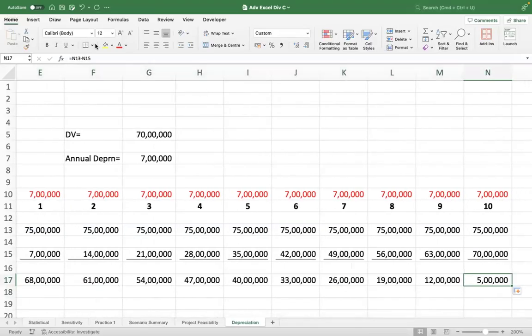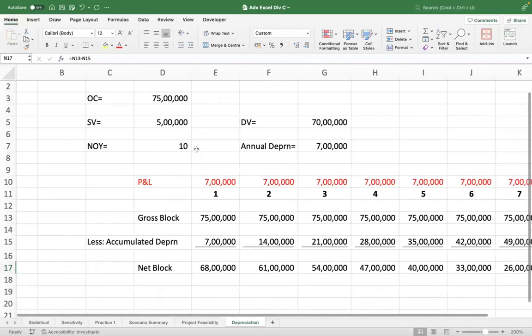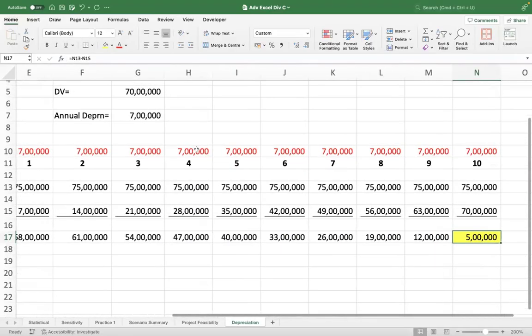Okay, and how do you know that your answer is correct? At the end of 10 years, you will see the salvage value of 5 lakh rupees. At the end of 10 years, the salvage value is 5 lakhs, which is what is given in the question, which means this is correct.